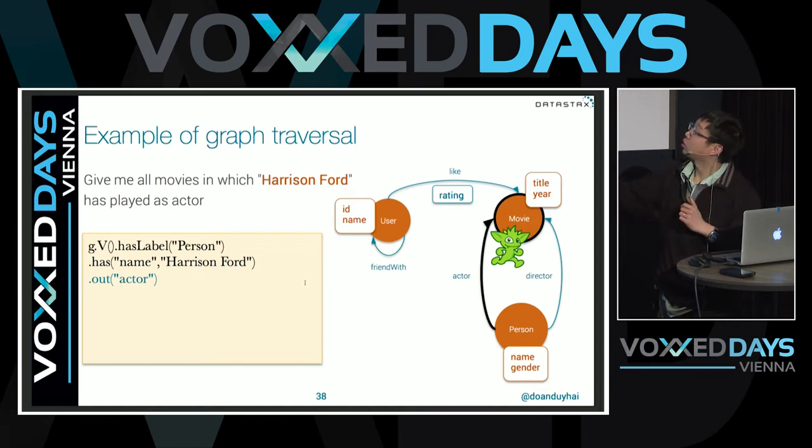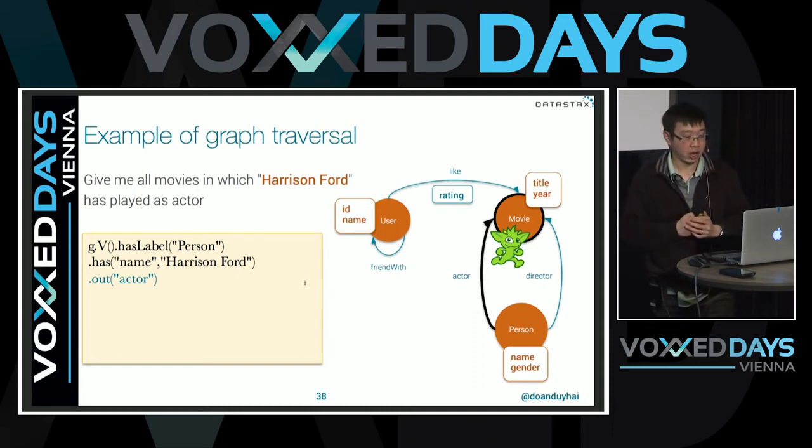So I'm going out of person into movie using the edge label actor. So now from Harrison Ford, I access all his movies as an actor. And that is the answer to my question. So I will have a collection of movies in which Harrison Ford has played as an actor.